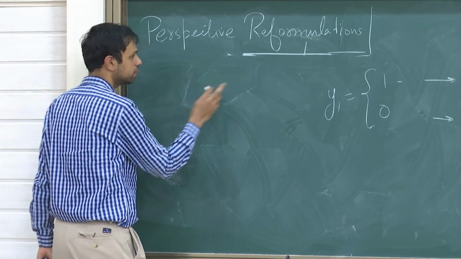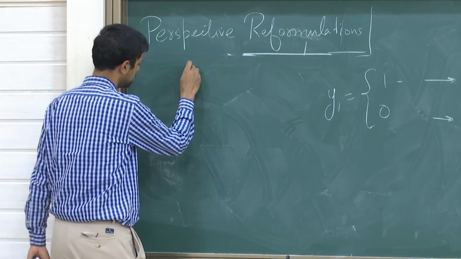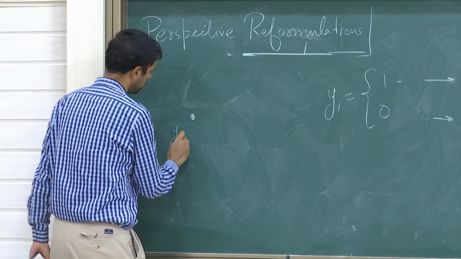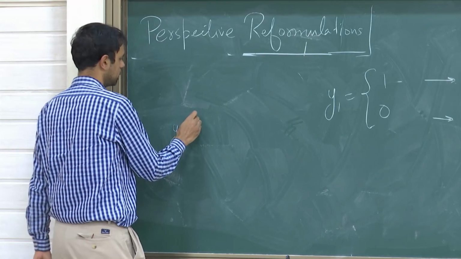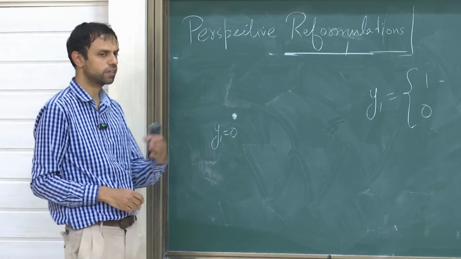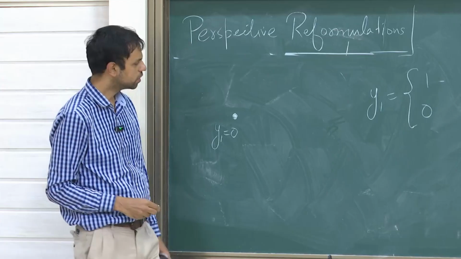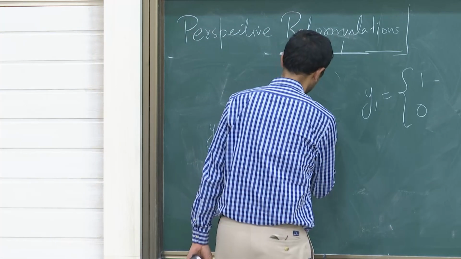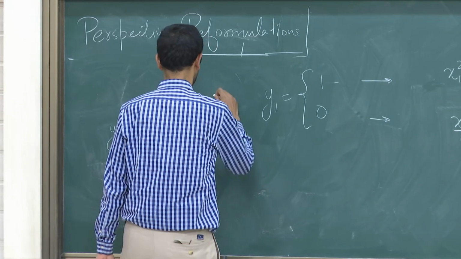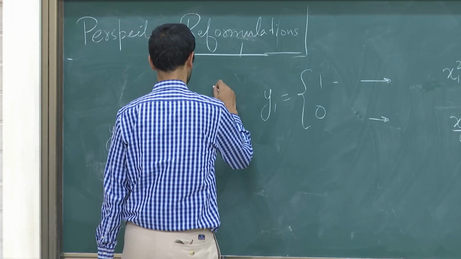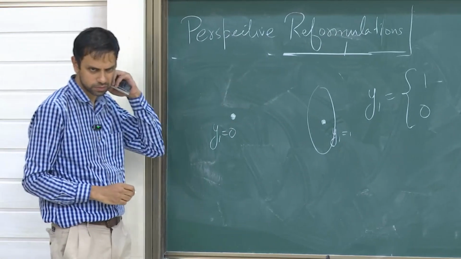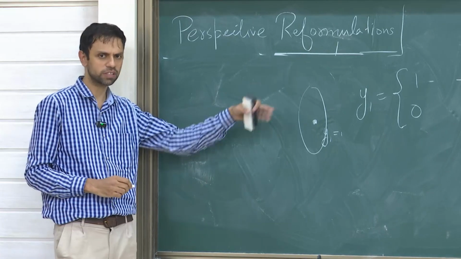Suppose the extreme case: when y1 equals 0, I just have one point, say x1 and x2 both are 0, and when y1 is 1, I have some ellipsoid or some other convex shape.